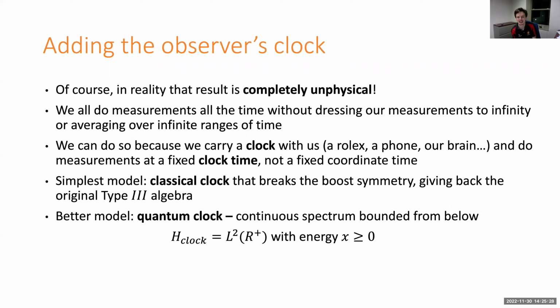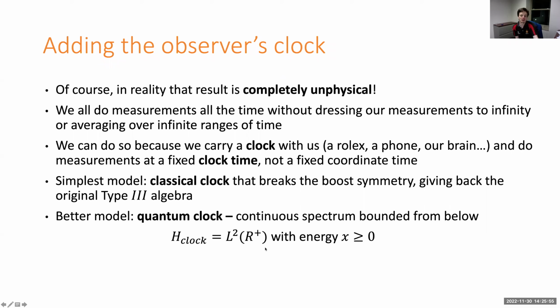So pretty much that fixes that the clock has to have a continuous spectrum in the semi-classical limit, and it has to be a spectrum that's unbounded from above. It has to be able to have an infinite range. That one's less important maybe, but it certainly needs to have a continuous spectrum if we want to be able to tell arbitrarily long times apart and not end up having recurrences that mean we still end up doing this averaging.